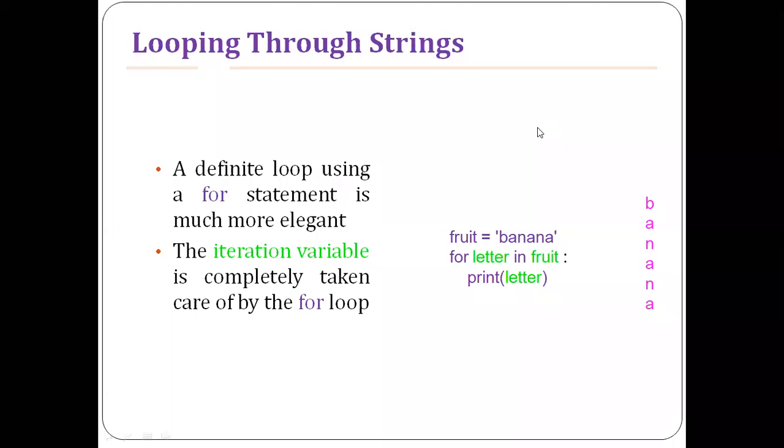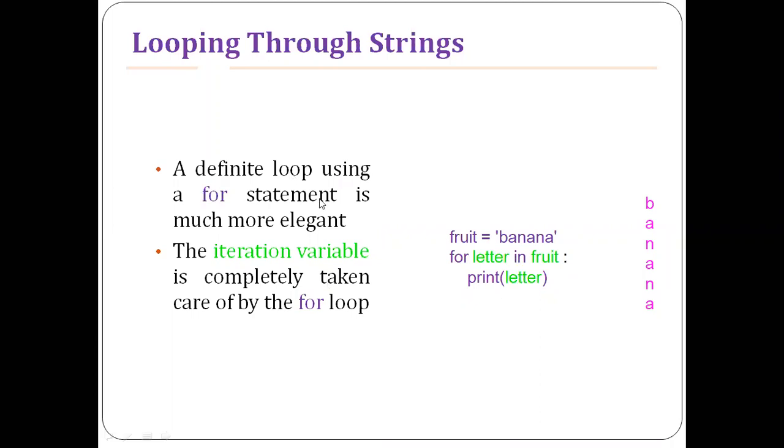So this is the simplicity of the for statement. That is, fruit is equal to banana. Then the letter, which is nothing but an iteration variable, reads the characters one by one within the given string, and it will take care of the boundary of the string as well. Once you reach the boundary of the string, it will automatically terminate. That is exactly what you have.